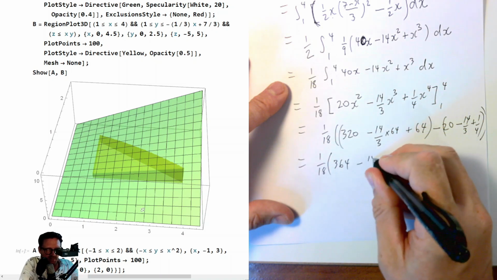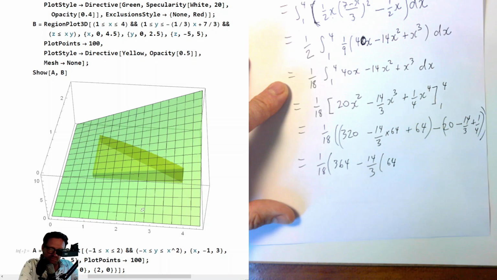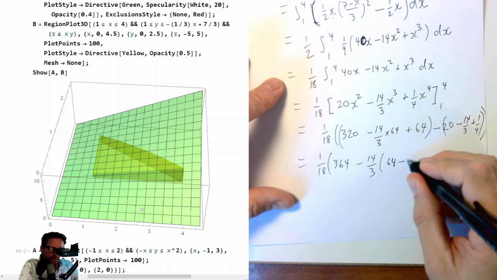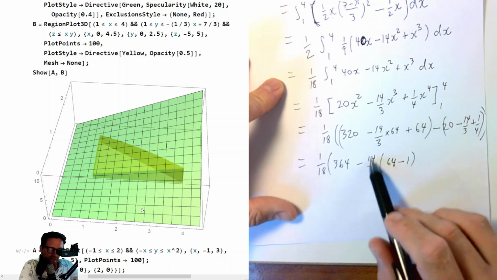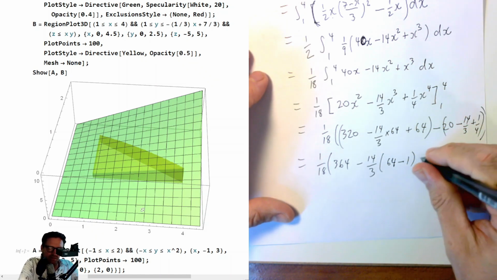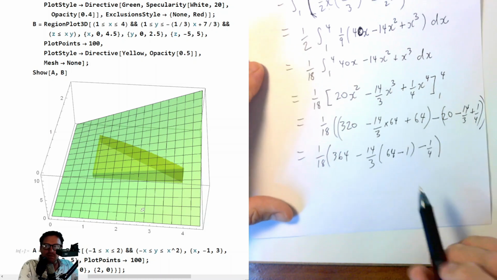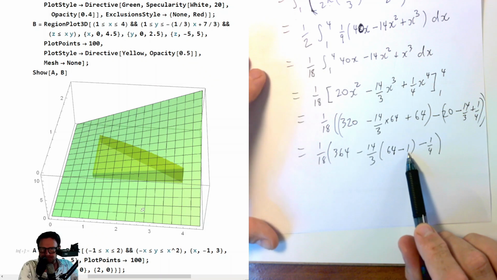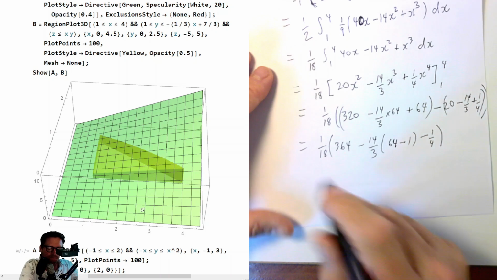So I can write this minus 14 over 3, 64 subtract 1. When you multiply that minus back in, you get a plus 14 over 3. Okay, and then there's a lonely minus a quarter. So I did this because 63 is divisible by 3. So we've got 21 times 14.